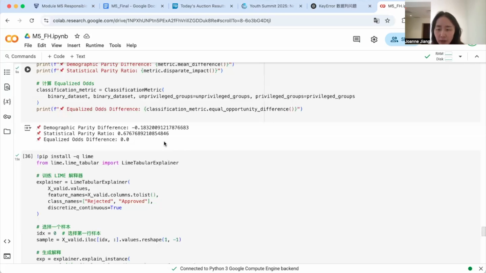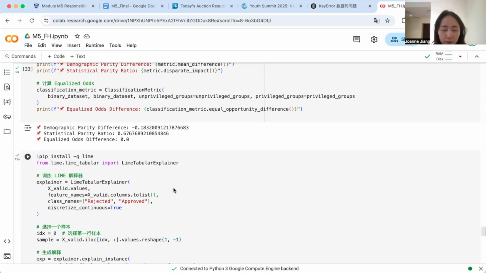The statistical parity ratio is 0.67, further confirming that women were receiving disproportionately fewer approvals. Lastly, the equalized odds difference of 0 suggested that the false positive and false negative rates were relatively balanced across demographic groups. Although gender was not used as a feature in our model, this bias could stem from indirect correlations with other variables.